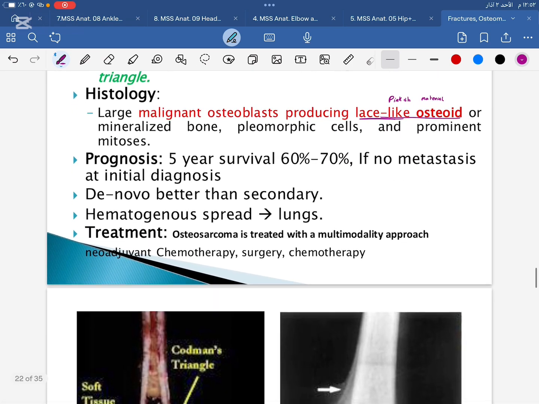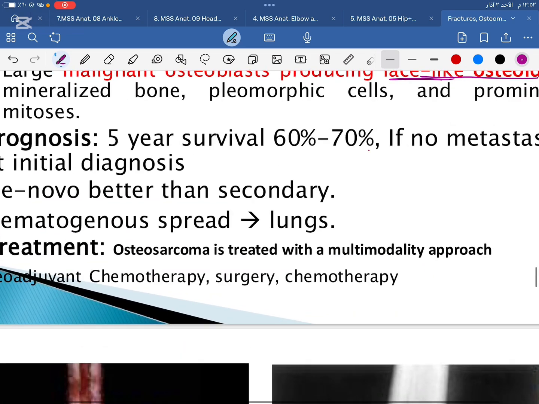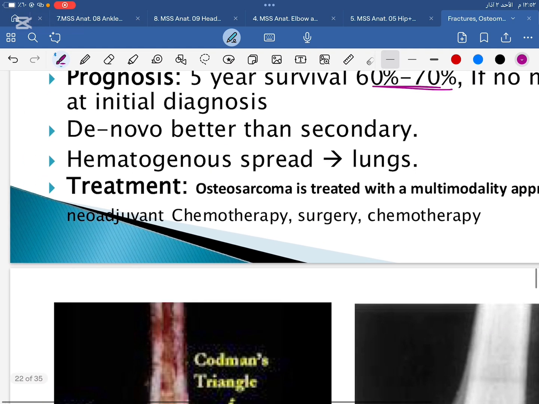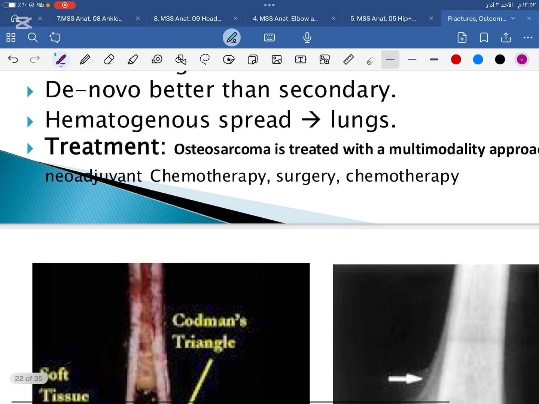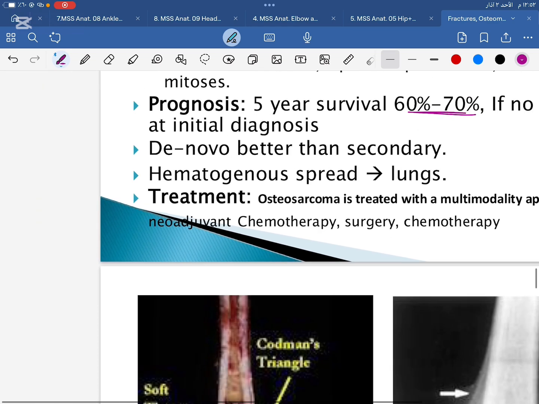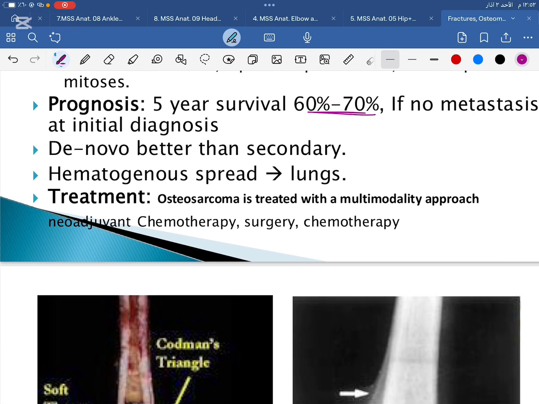And 5-year survival can reach up to 70% if there is no metastasis at initial diagnosis. Primary osteosarcomas are better than the secondary ones, which are related to Paget disease, radiation, or infarction. It may spread to the lungs, and it is treated with a multimodality approach.